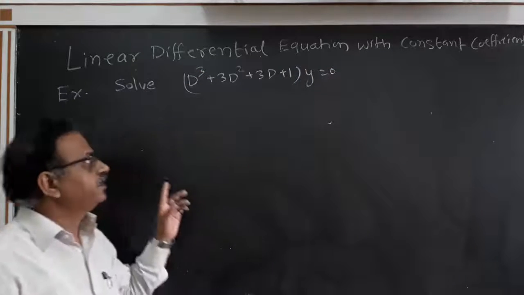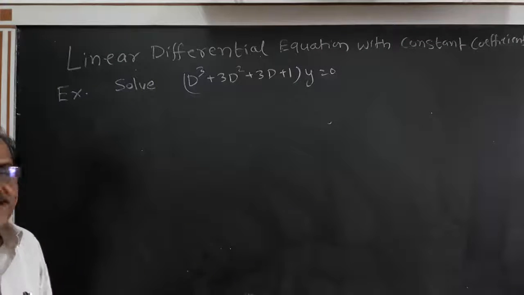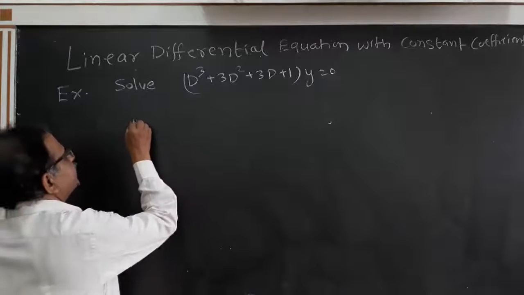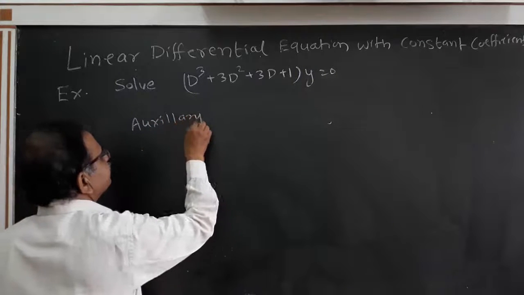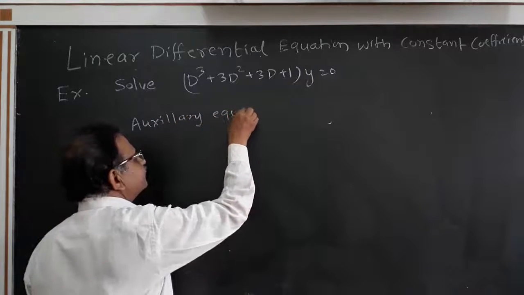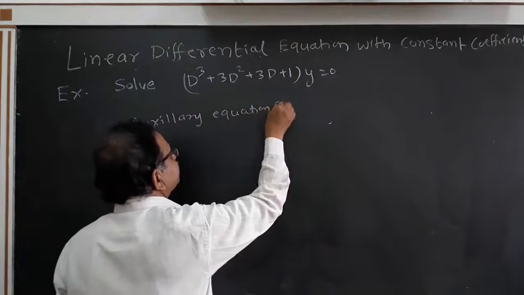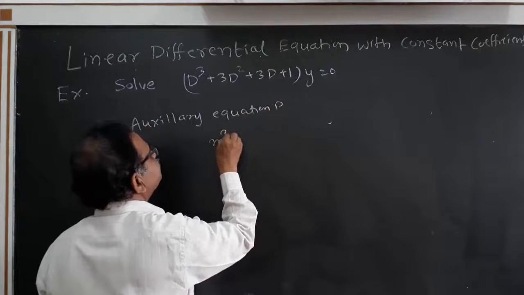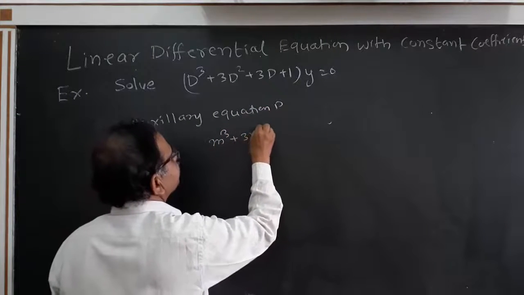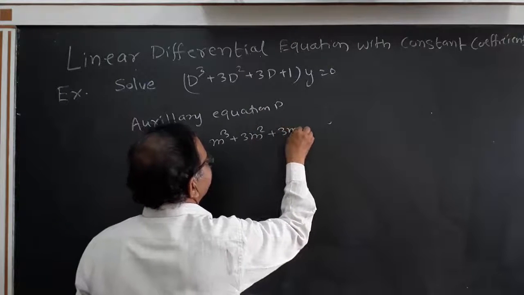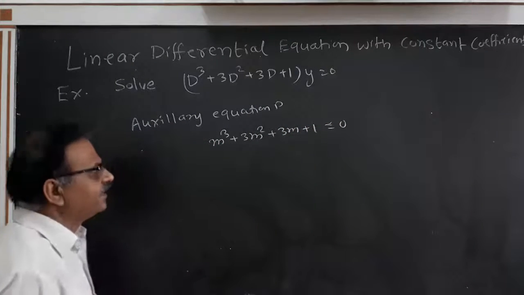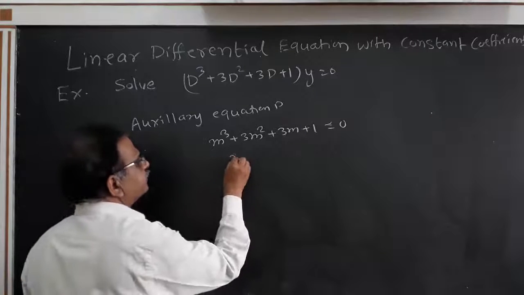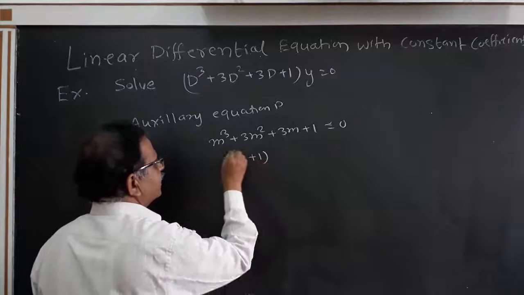Solve D cube plus 3D square plus 3D plus 1 y equal to 0. Its auxiliary equation is m cube plus 3m square plus 3m plus 1 equal to 0. Clearly, this is m plus 1 bracket cube.